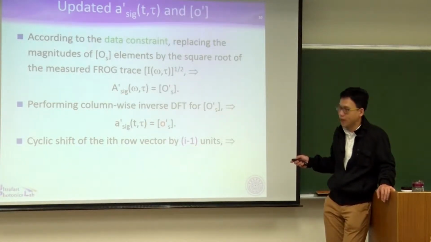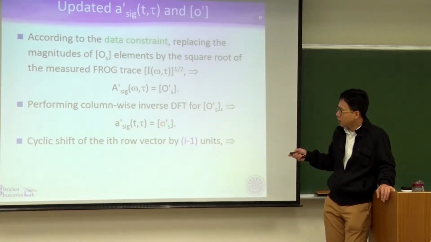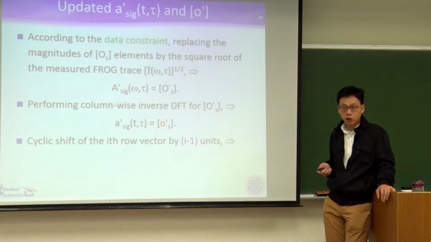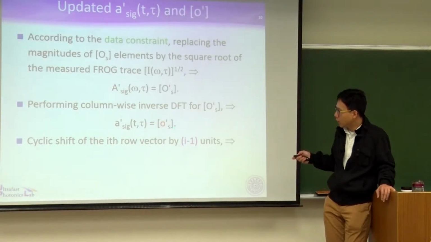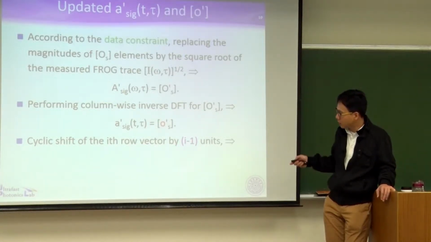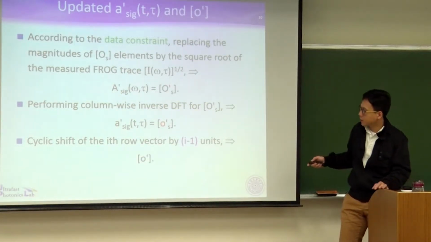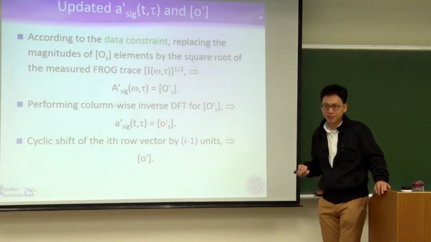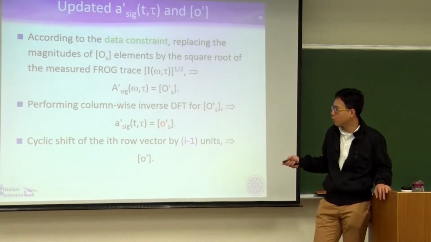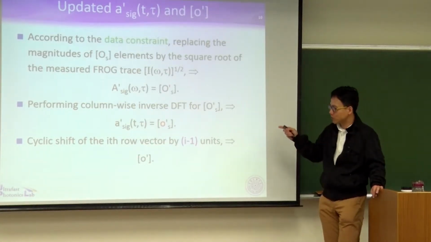Remember, the subscript S means cyclic shift. OK, so you have to undo this, which means you reverse the operation. From O to O_S, you used negative i minus one unit to do the cyclic shift. To recover, you take away the negative sign and do a positive i minus one cyclic shift, and you can go from O_S back to matrix O. But this time it's already an updated outer product matrix O prime, not just O. It has already gone through a loop, almost a loop.